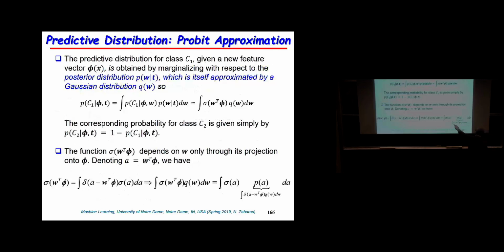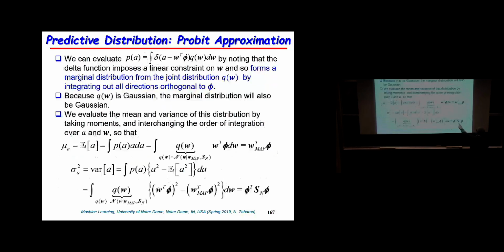And remember, the P of A had an integration in W. So there was a delta of A minus W transpose phi. If I do the integration in A first, because there was a delta function A minus W transpose phi, what's going to happen to that A? It's going to become W transpose phi only.